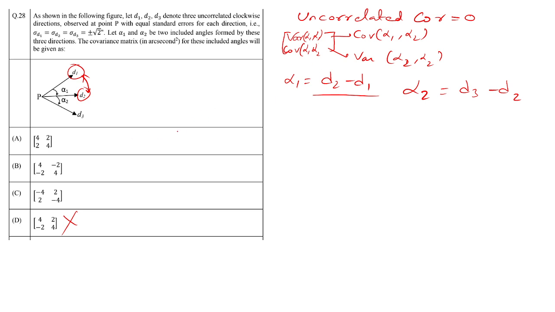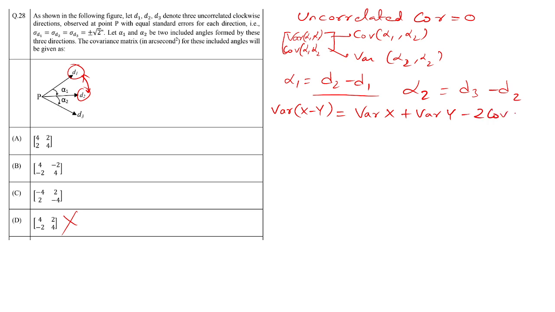For that, one formula we should know: variance of x minus y is equal to variance of x plus variance of y minus 2 covariance of xy. Derivation we'll see in theory.